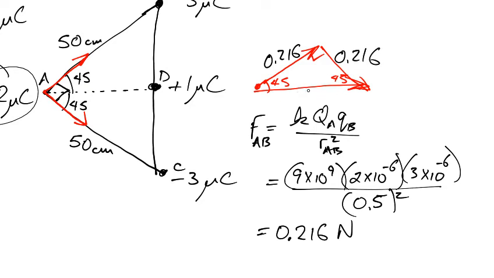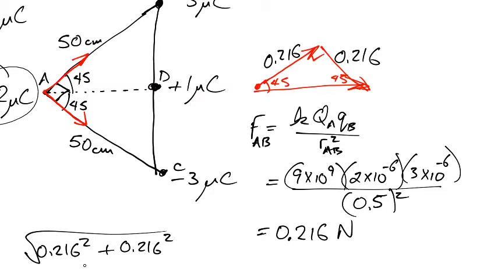And therefore, this guy is going to be, using Pythagoras, 0.216 squared plus 0.216 squared, take the square root of that, or basically 2 times 0.216 squared.